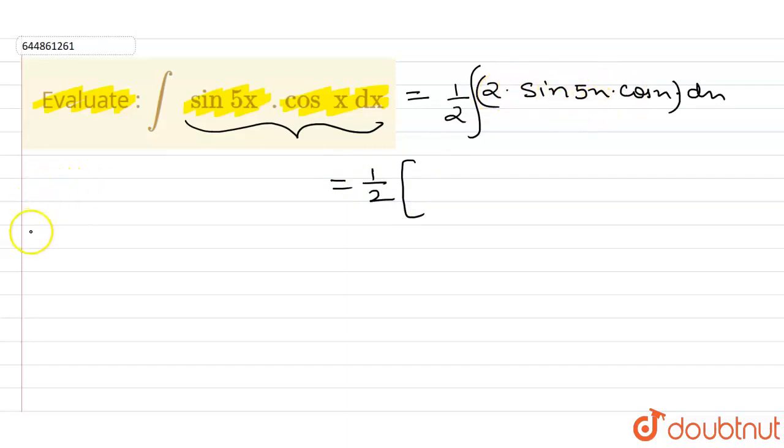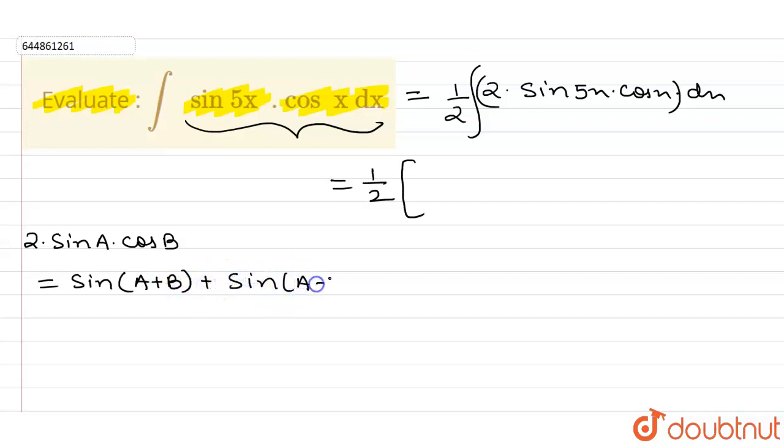If I have 2 sine a cos b, then I can write it as sine (a plus b) plus sine (a minus b).